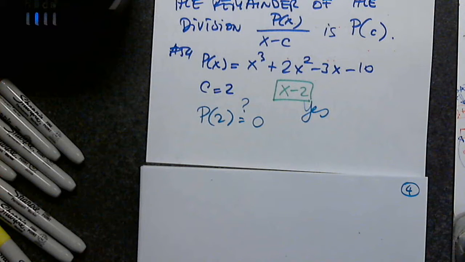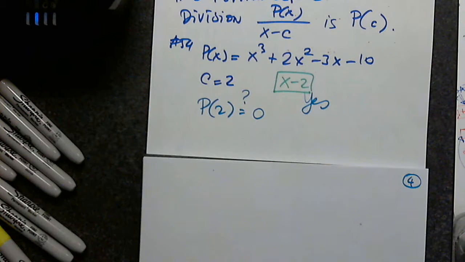Every polynomial can be decomposed into factors. Any degree, any polynomial can be decomposed into factors of degree 1 and degree 2, all of them. So any polynomial you can think of can be written as a chain of multiplications of linear factors.